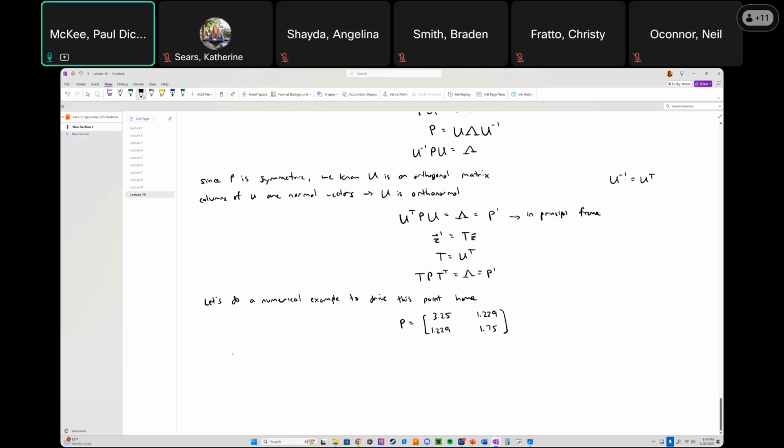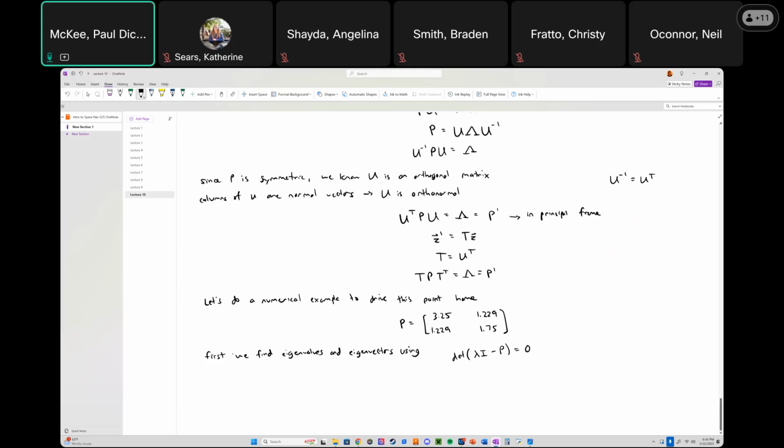Well, first, we find eigenvalues and eigenvectors using, remember, the determinant of lambda I minus P is equal to 0.